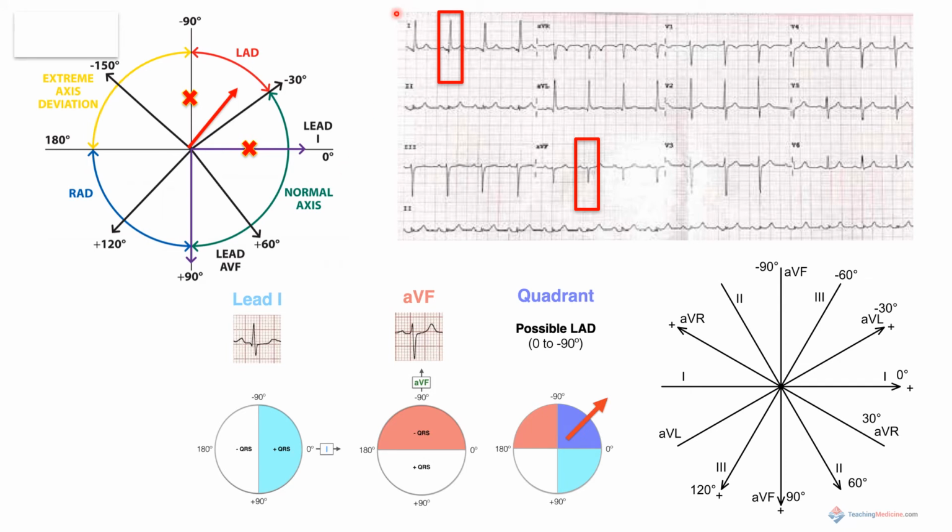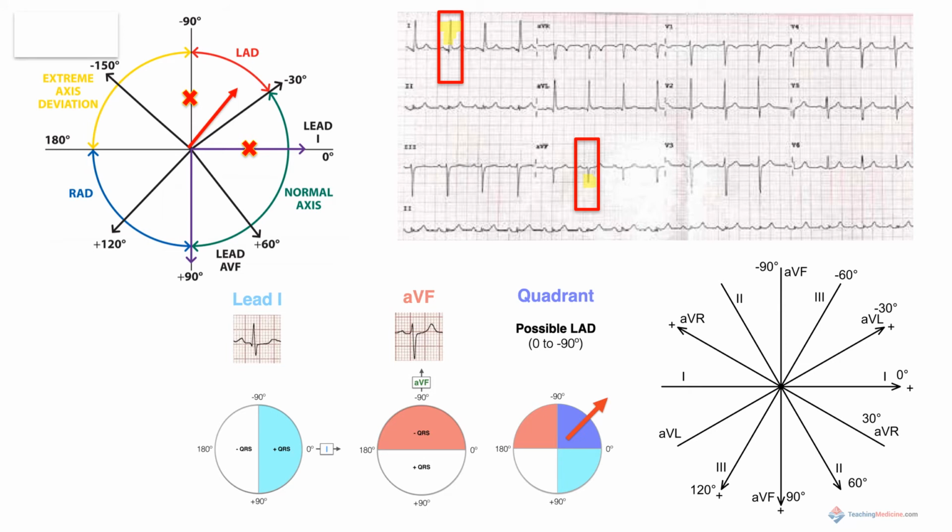We are going to use lead 1 and lead AVF. Take a look at lead 1, and one more time, look at the R wave and compare it to the S wave. Same thing for lead AVF: compare the R wave to the S wave.